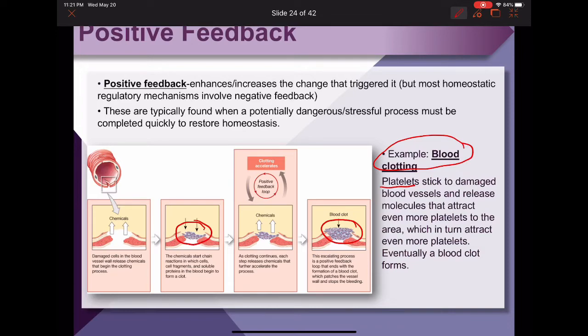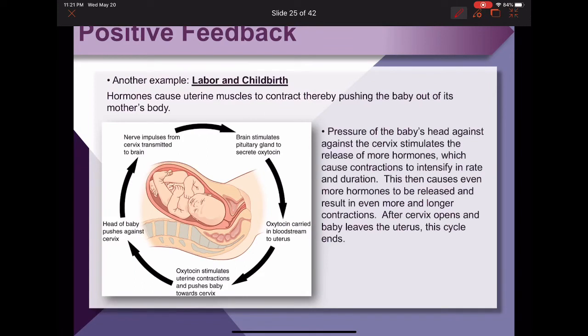Okay? All right. So another good example of positive feedback is labor and childbirth. Okay? So for labor and childbirth, there are hormones that cause uterine muscles to contract, okay, therefore able to push the baby out of its mother's body. Okay, so that positive feedback is triggered by the pressure of the baby's head pushing against the cervix.